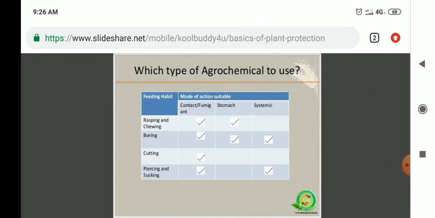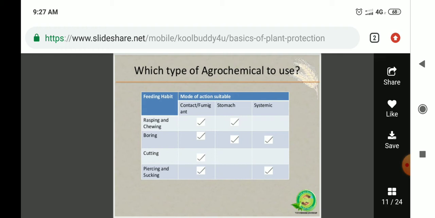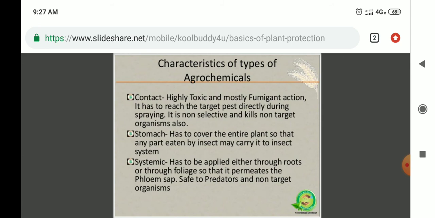Next is which type of agrochemical to use: for rasping and chewing, for boring and cutting, and for piercing and sucking. These are the types of agrochemical use. Next are the characteristics of the types of agrochemicals: contact, stomach and systemic. Contact is highly toxic and mostly fumigant in action. It has to reach the target pest directly during spraying.